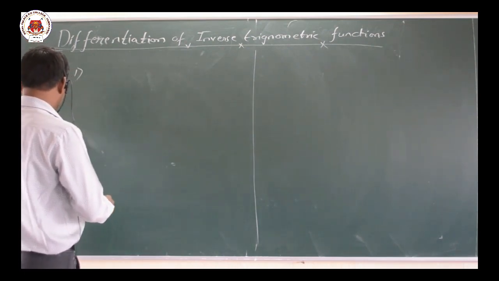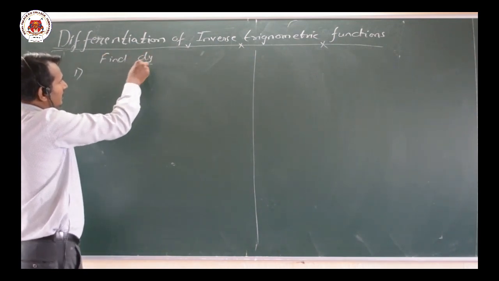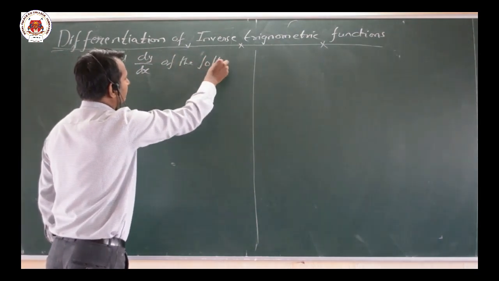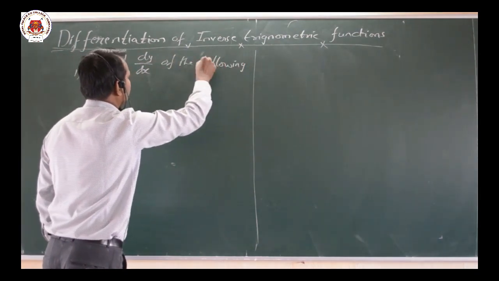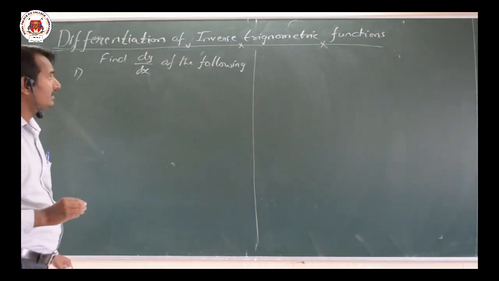The first one: find dy by dx of the following. It is a little bit different kind of problem. Just pay a little bit of attention here.